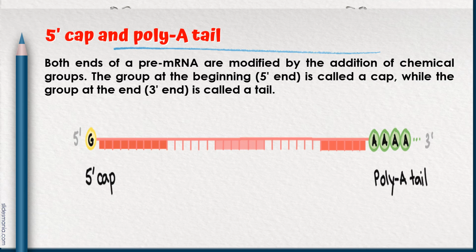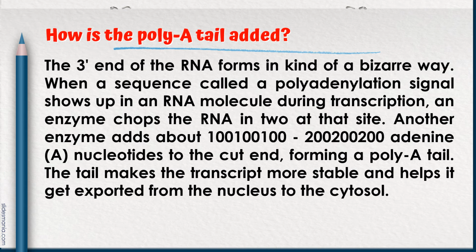The poly A tail is on the 3' end of the pre-mRNA and consists of a long string of adenine, or A nucleotides. The second step is the addition of a poly A tail, or a tail of A nucleotides, or adenine nucleotides, to the end of the RNA.